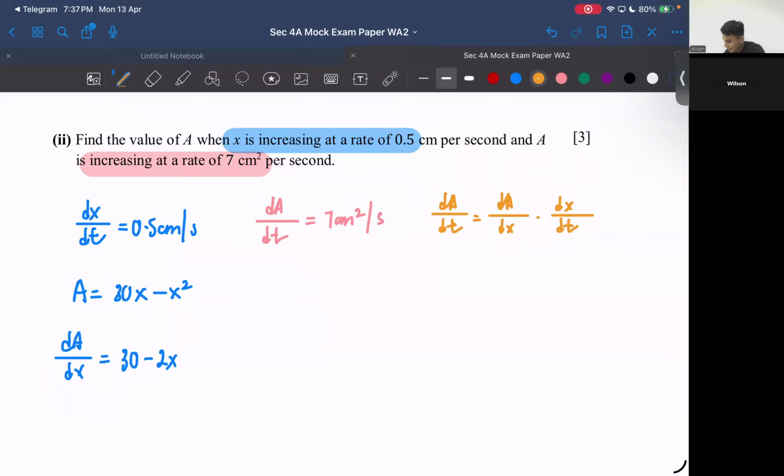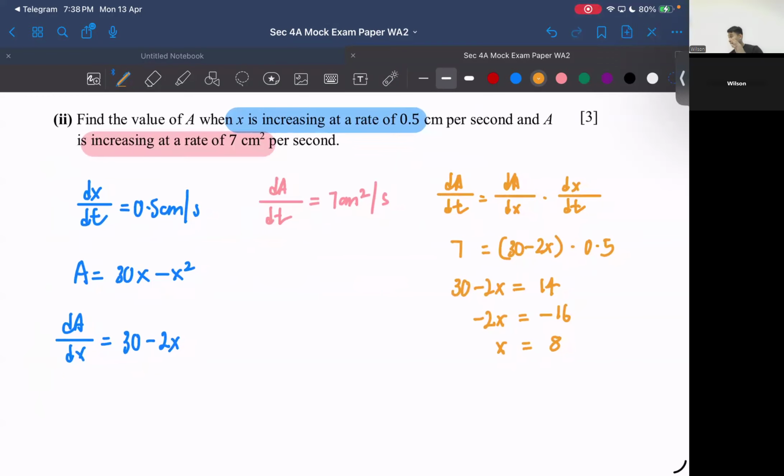So this one is 30 minus 2x times 0.5, and this one is 7, right? Let's solve this. 30 minus 2x is equal to 14, then negative 2x is equal to negative 16, if my math is correct. My x is equal to 8.